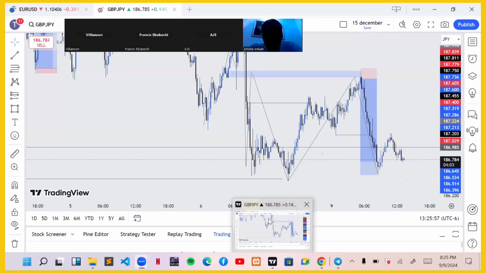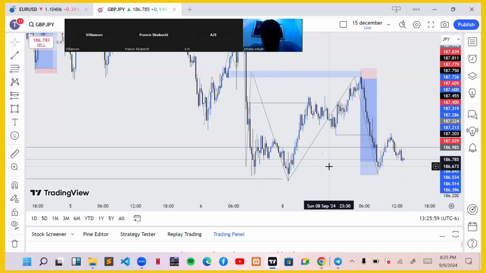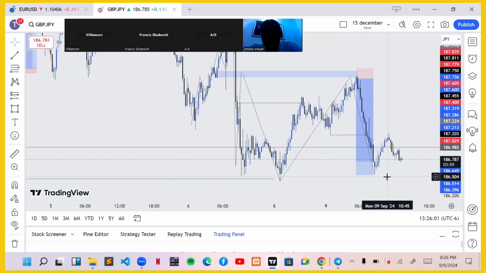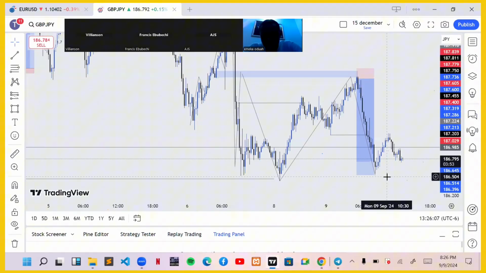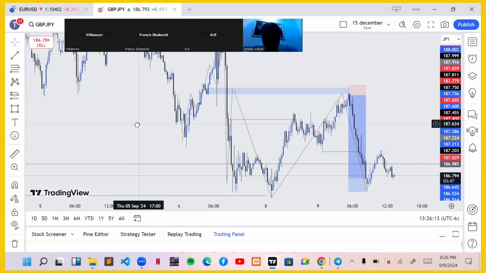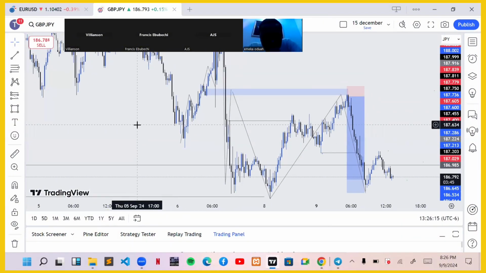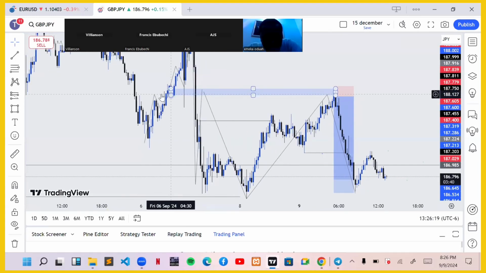First thing is, I want to ask something about your use of breaker blocks. Does the breaker block have to be from the external side of the liquidity, like you showed on, I think, GBP JPY, from the other side where it returned? Look at where you marked out your breaker block. Usually this is what I do.